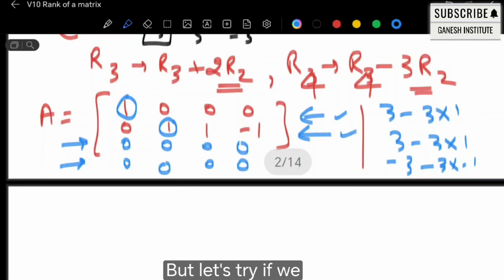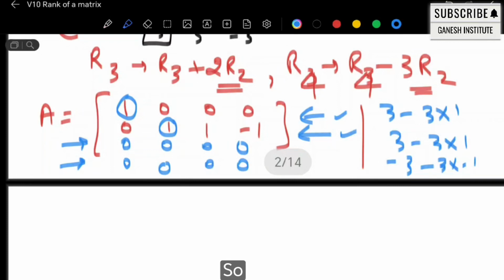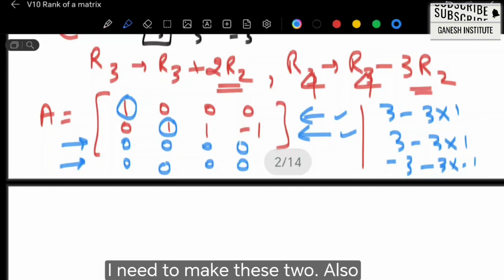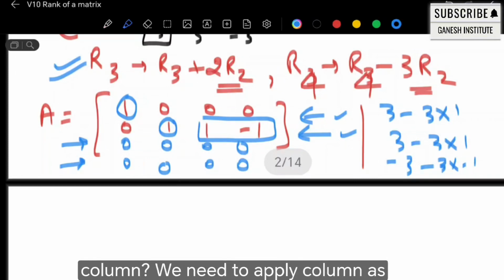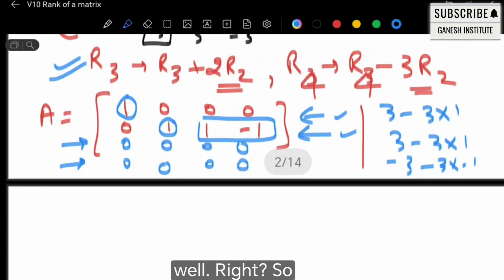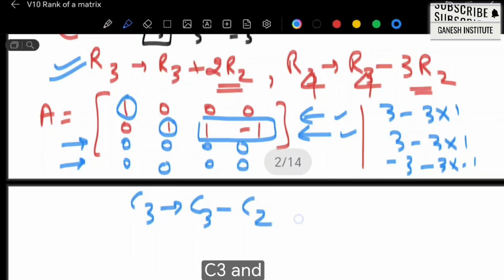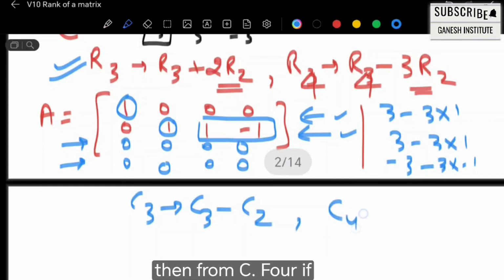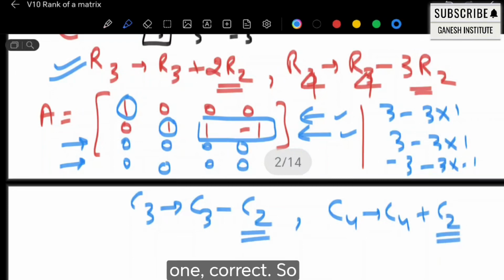But let's try if we can create more zeros. How can we do so? I need to make these two also zeros. I have only applied row transformation. What about columns? We need to apply column transformations as well, right? So from C3, if we take away C2, and to C4, if I add C2, this is my base 1, correct?